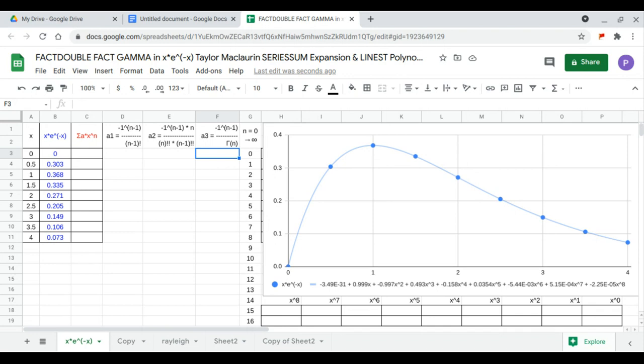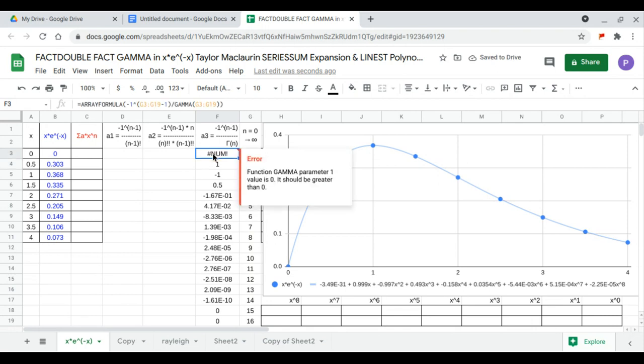We continue with the coefficient using the gamma, which is array formula. Minus 1 raised to the power the quantity n minus 1 divided by gamma of n. And enter.